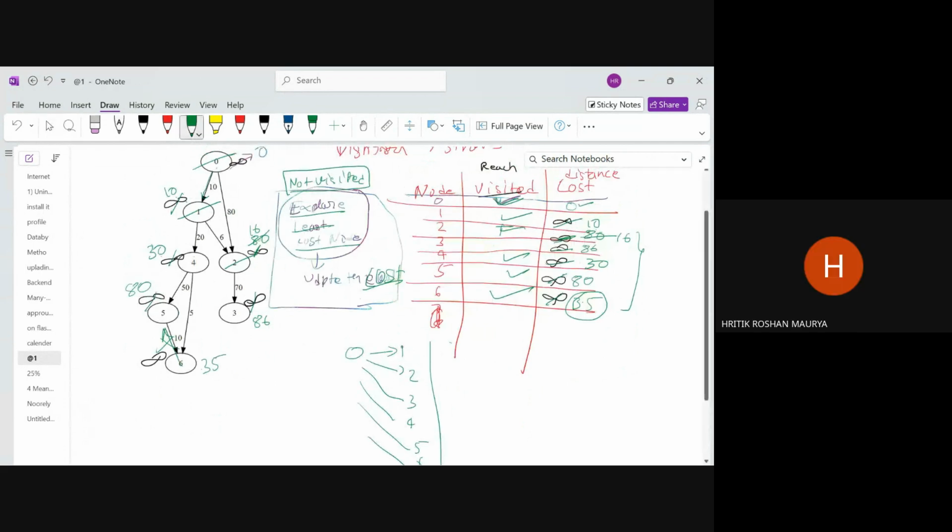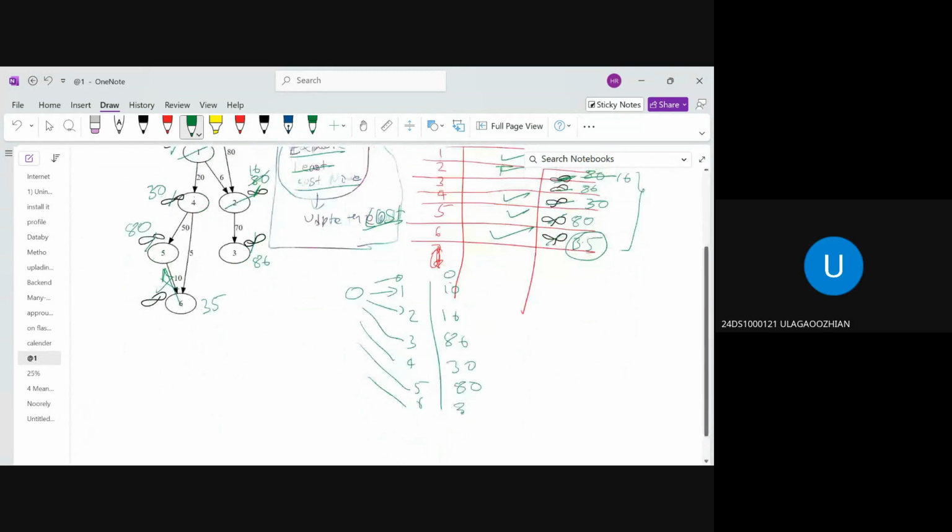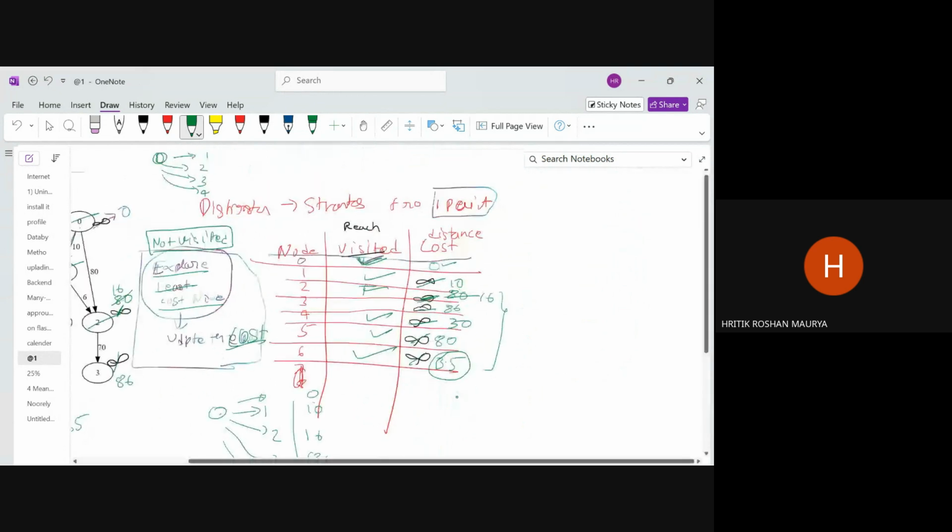From 0 to 0, what is the cost? 0 itself. From 0 to 1, 10, 16, 36, 30, 80, and 35. So it means if you want to go from 0 to 6, at least you have to cover the 35 distance. And that is all about the Dijkstra algorithm.